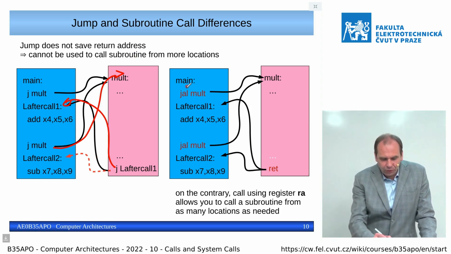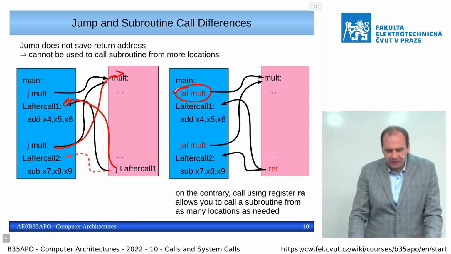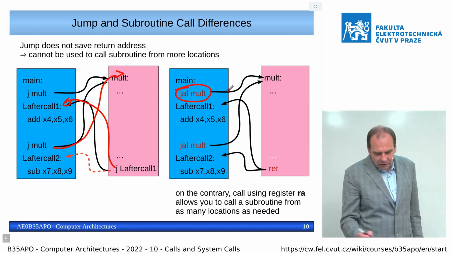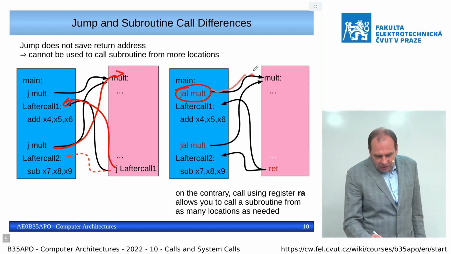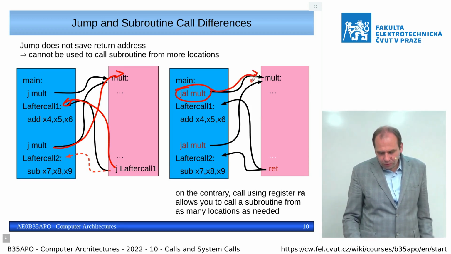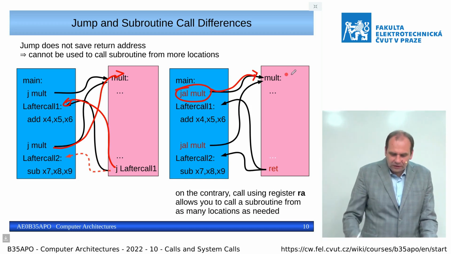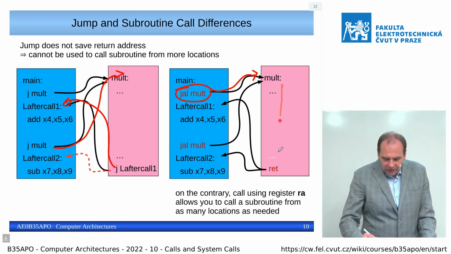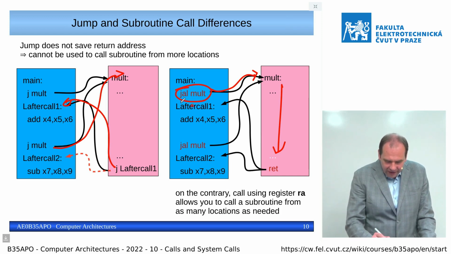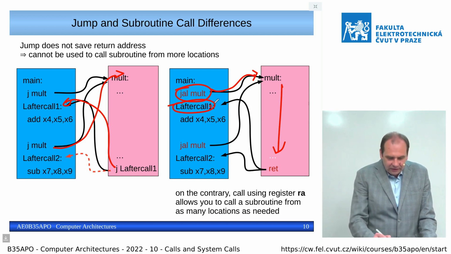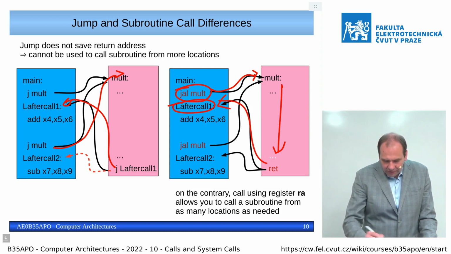But if you have an instruction which provides the mechanism jump and link, then this instruction moves you to the start of the subroutine, and the subroutine runs. Because jump and link first stores into the return address register the address of the label after the call, in the first call we return where we should return.